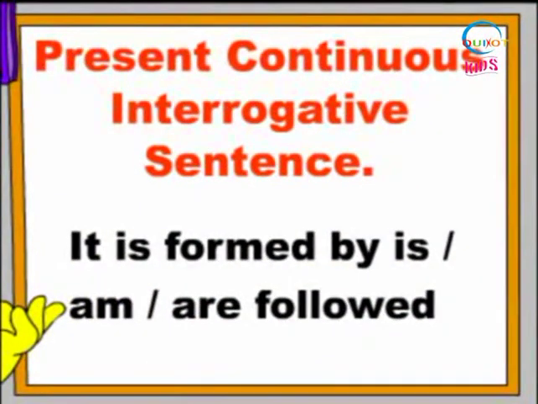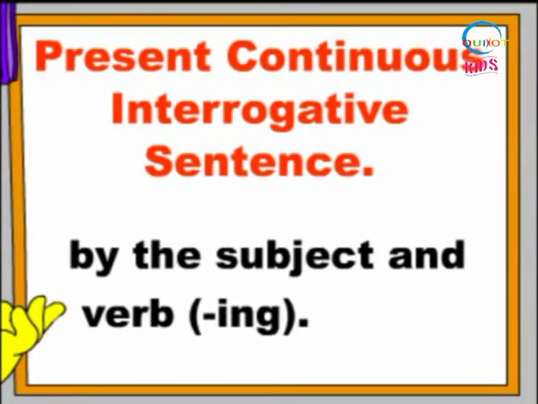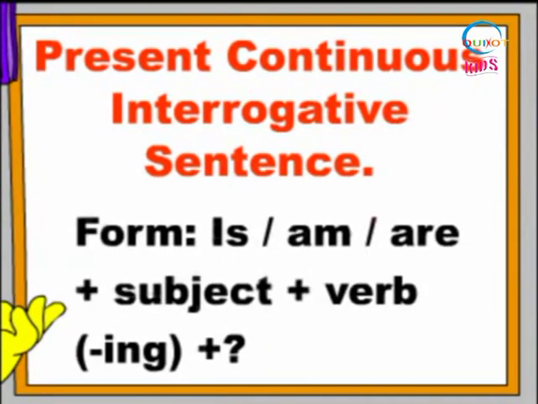Present continuous interrogative sentence. It is formed by is, am, are, followed by the subject and the verb using ing. Form: is, am, are plus subject plus verb with ing plus the activity.